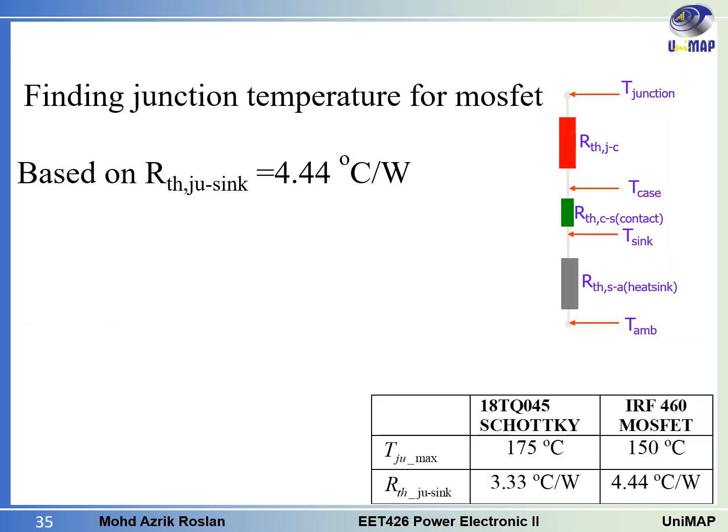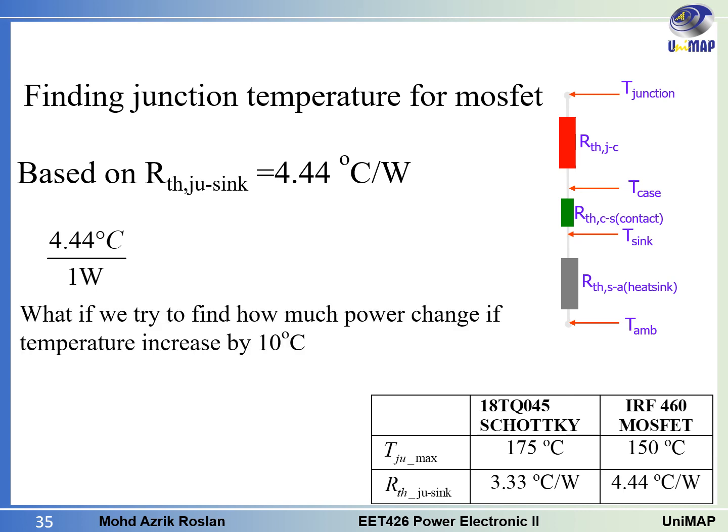Finally, we have to determine the junction temperature for the Mosfet. The information that we have is the thermal resistance of junction to sink for the Mosfet is 4.44 degrees C per watt, and we have the common value of the heatsink. Now we have to draw some lines. For 4.44 degrees C, the power will increase by 1.